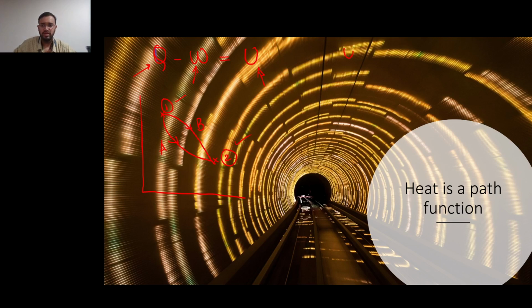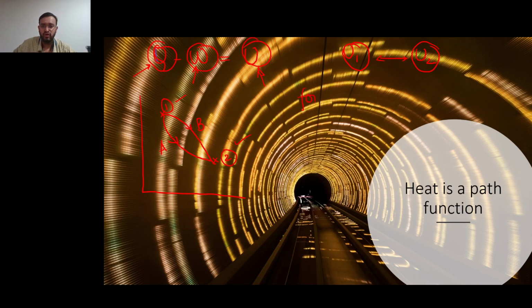Thus, the initial internal energy and final internal energy are also going to remain the same, regardless of the process or path that is followed. This is because internal energy is a state function, it's not a path function. So regardless of the path taken, this internal energy term is going to remain constant. What varies is the work done and the heat transferred in the process.